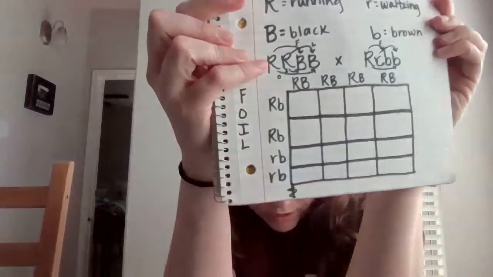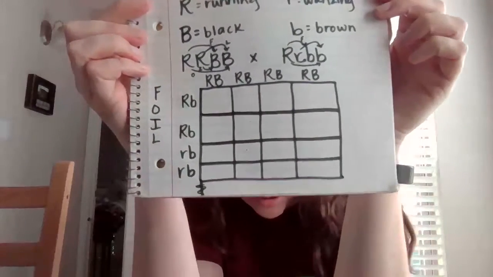Your first one should be capital R, lowercase b. Outer is going to be capital R, lowercase b. Inner is lowercase r, lowercase b. And last is going to be lowercase r, lowercase b. So this is what our Punnett square is going to look like.